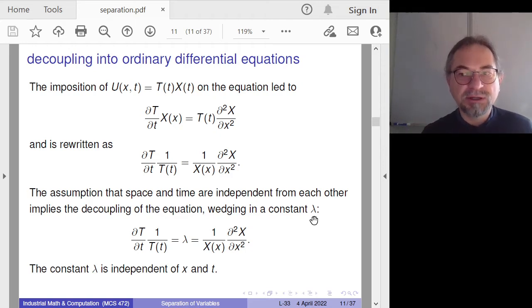The assumption that time and space are independent actually means that we can drive in something that is independent of time, independent of space. That means that it has to be a constant. So now you see the decoupling happening. If the time and space are independent from each other, we now actually have two equations that we can study separately.